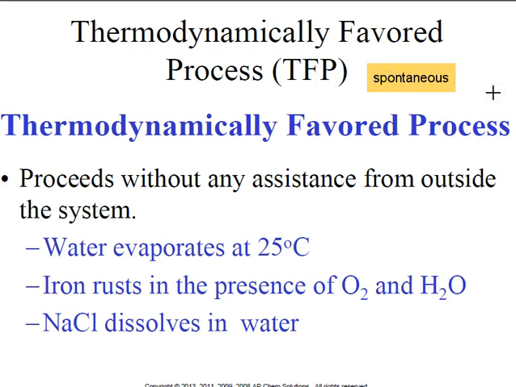Now, AP Chemistry wants to move away from the use of this term because most of the time when people think of spontaneous, they think of fast. And we want to make sure we differentiate here.